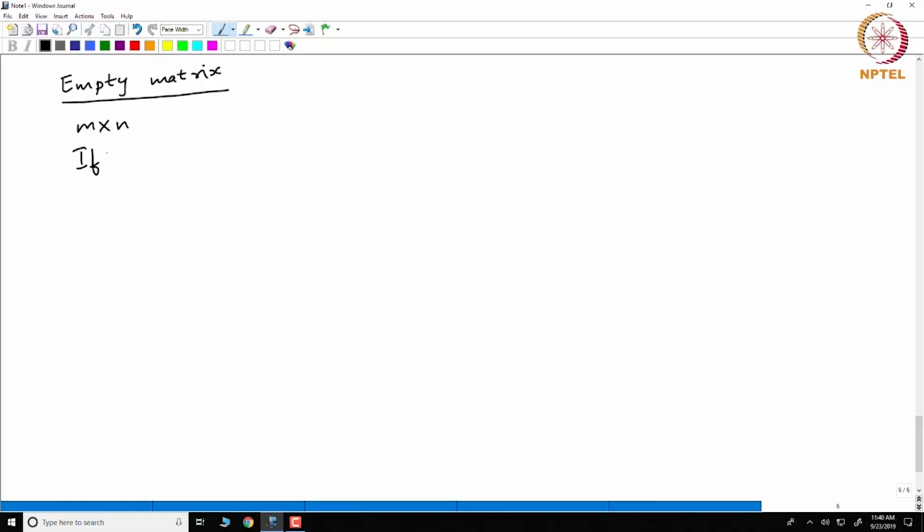So, if m is 0 or n is 0 or m and n both are 0, then the matrix is said to be empty.